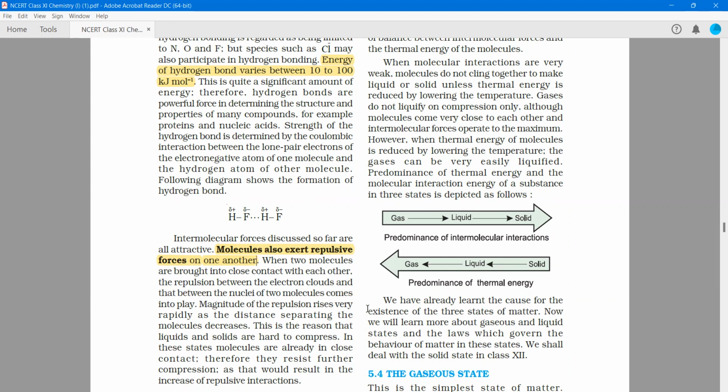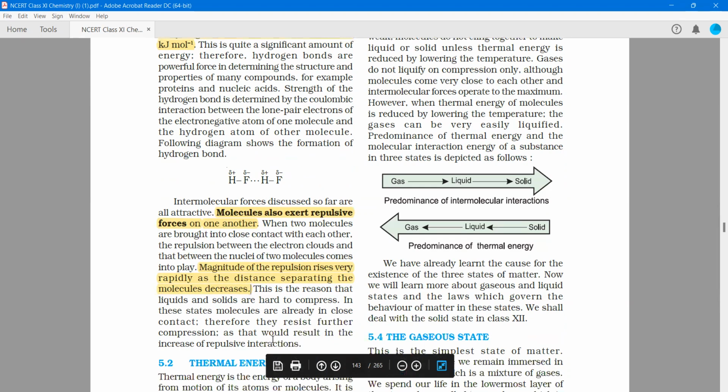So when there are electrons close to each other of two molecules, there will be repulsion, right? The magnitude of repulsion rises rapidly as the distance separating the molecules decreases. Again, the same thing: if the distance between two molecules having electron cloud density towards each other decreases, the repulsion will increase. This is the reason that liquids and solids are hard to compress.